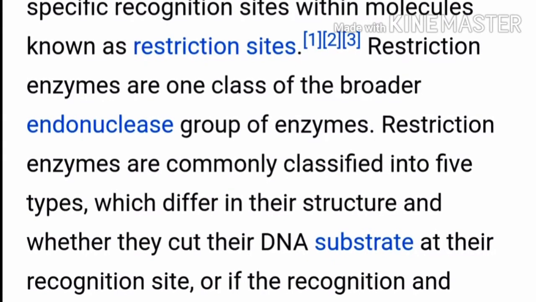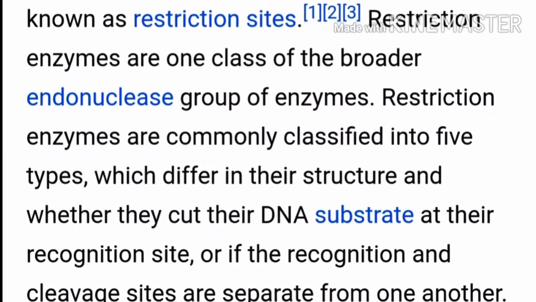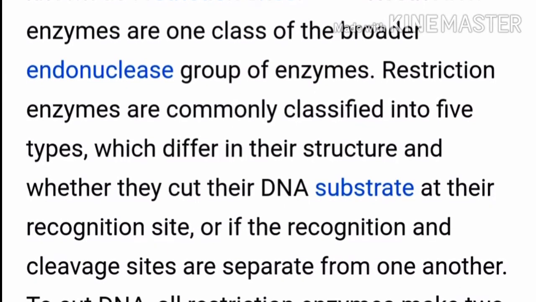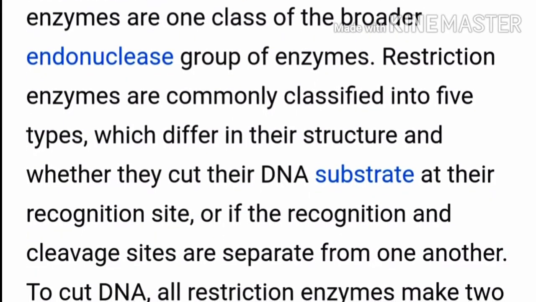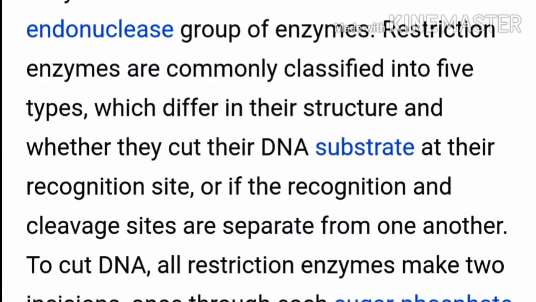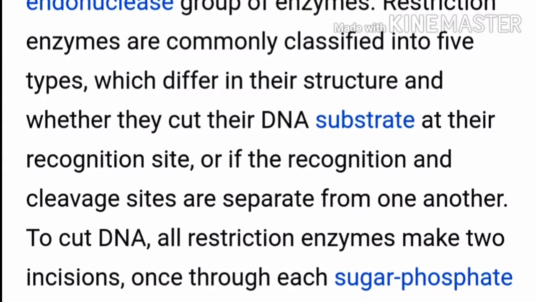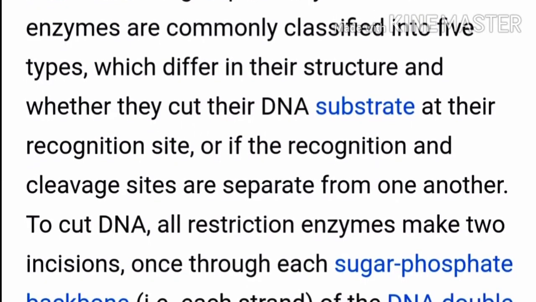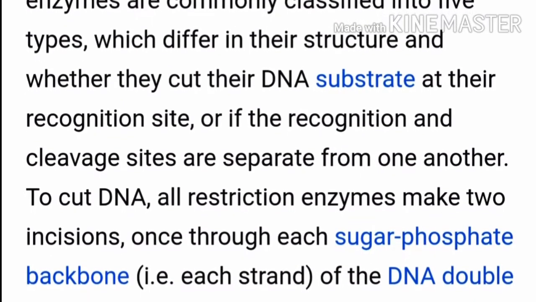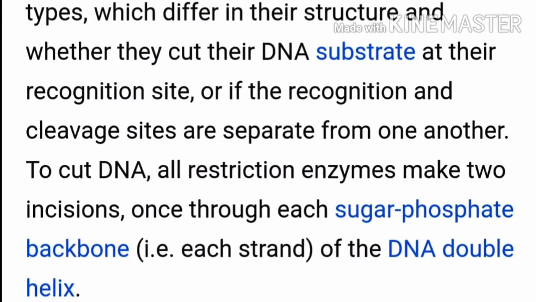Restriction enzymes are commonly classified into 5 types, which differ in their structure and whether they cut their DNA substrate at their recognition site, or if the recognition and cleavage sites are separate from one another. To cut DNA, all restriction enzymes make 2 incisions, once through each sugar phosphate backbone of the DNA double helix.